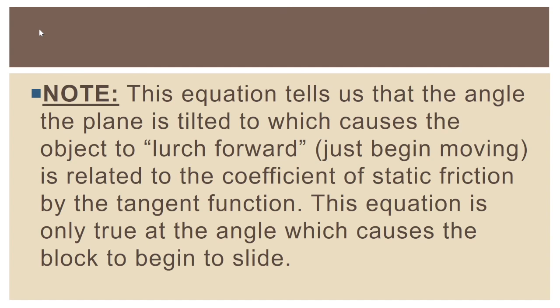It just means that at that angle, the static friction force has not yet reached its maximum value, and so the static friction force is just being canceled out by the F_GX, meaning it's not going to accelerate. Take a second to pause this video and write that down, and when you hit play, we'll move on.